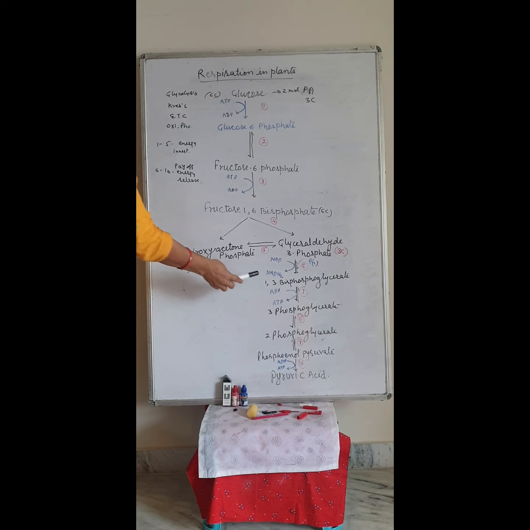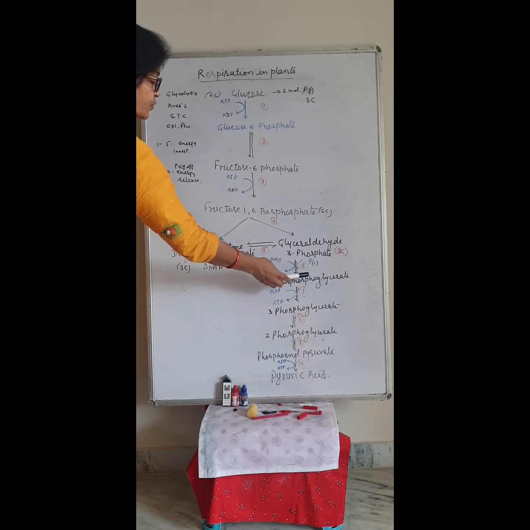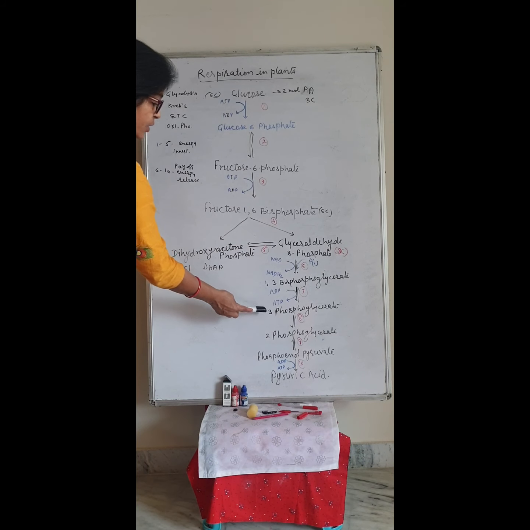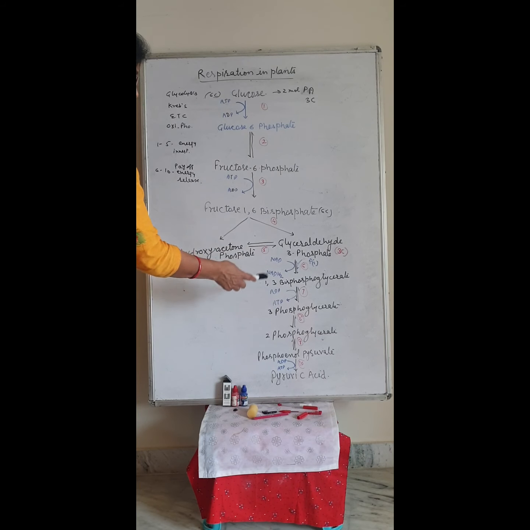And again the 1,3-bisphosphoglycerate is formed. And the 1,3-bisphosphoglycerate is converted into 3-phosphoglycerate. One phosphate is lost. Who has picked it? The ATP. The ADP is converted into ATP by taking the 1 phosphate that is released from the 1,3-bisphosphoglycerate.